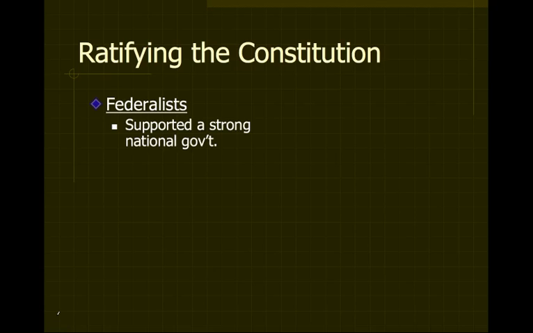Now, the Federalists were supporting of the Constitution because they supported a strong national government. They saw the problems of the Articles of Confederation and realized that supporting a strong national government was the best way to move forward.